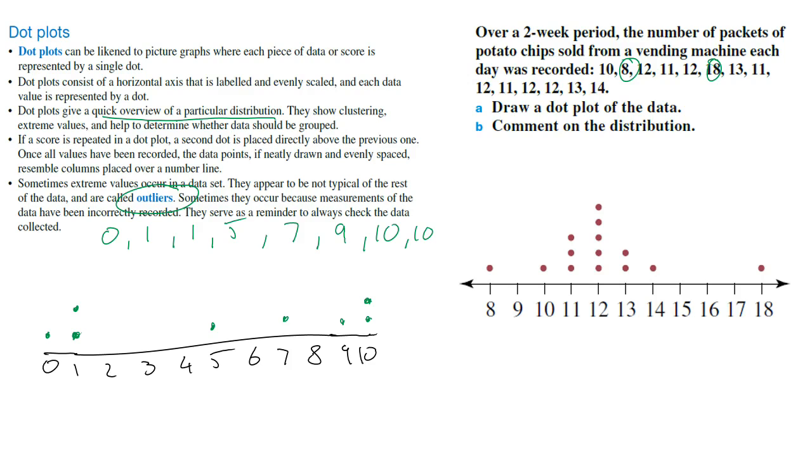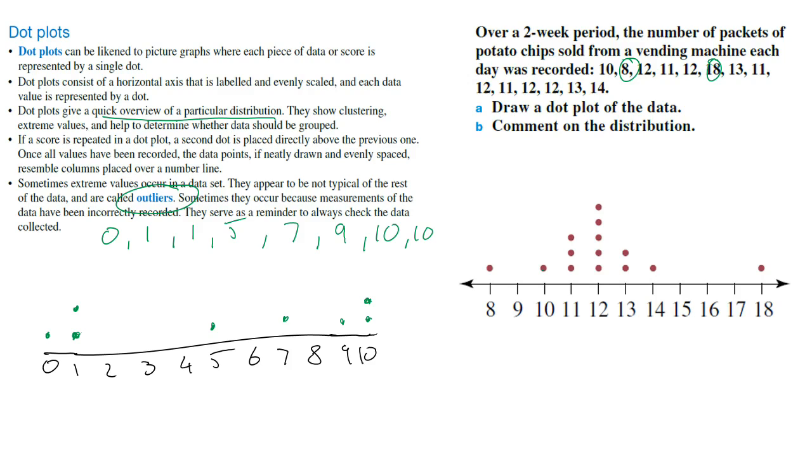So that's what you put on your line. And then as you go across, you read it, you go 10, you'd put a dot above the 10. You go 8, put a dot above the 8, you go 11, put a dot above the 11. Sorry, I missed a 12, then 11, then it's 12, etc. Okay? That is what you're doing with a dot plot. You put the line and you put a dot above it.